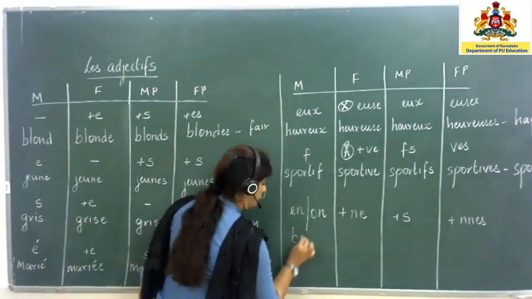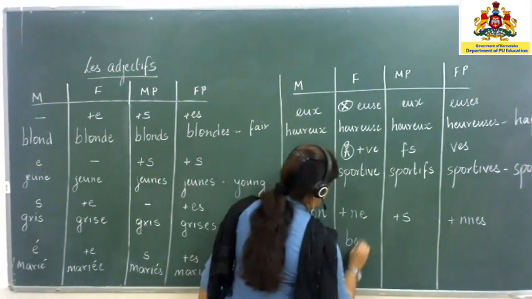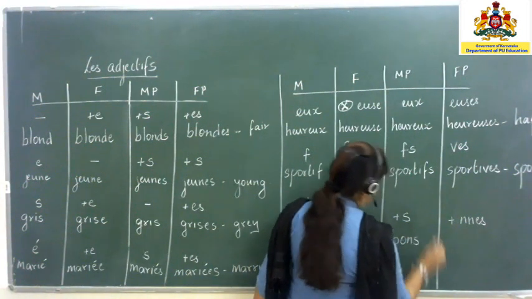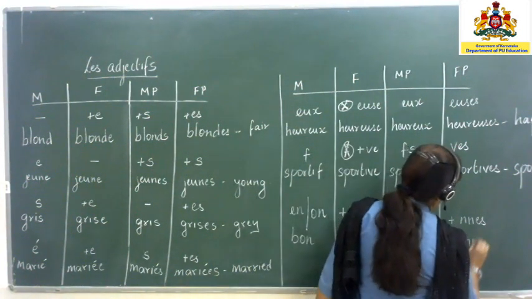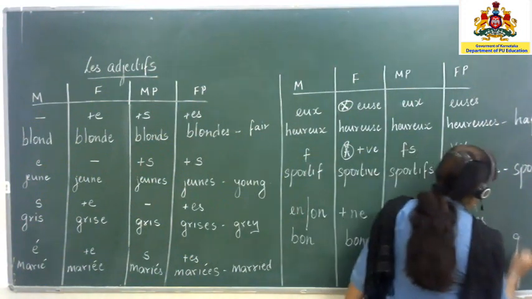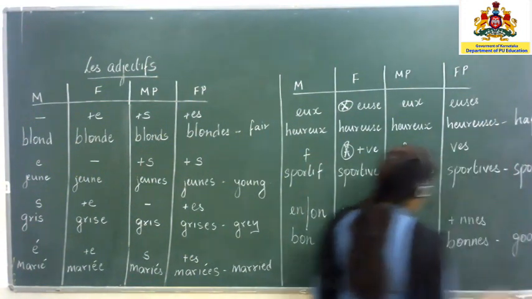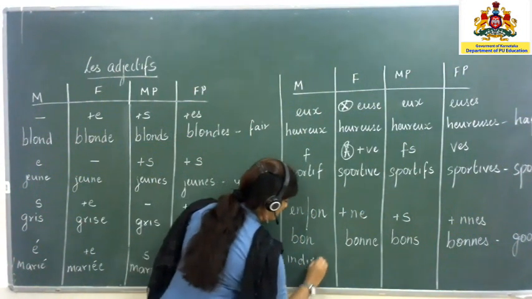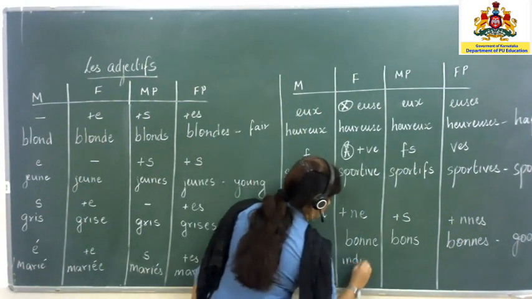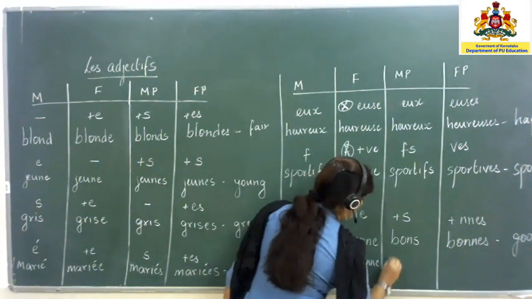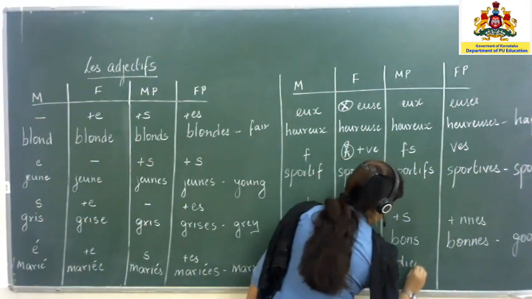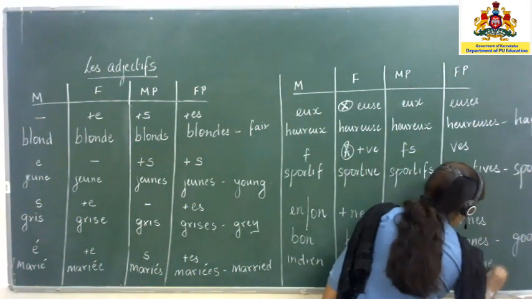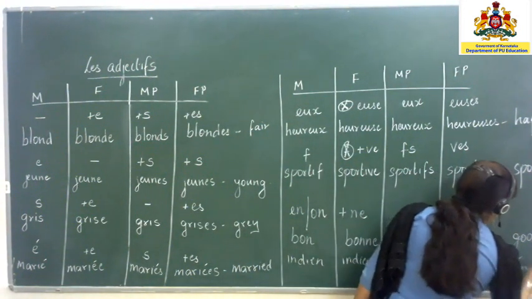Example, bon, bonne, bons and bonnes, meaning good. Another one for EN will be indien, indienne, indiens, and indiennes, meaning Indian.